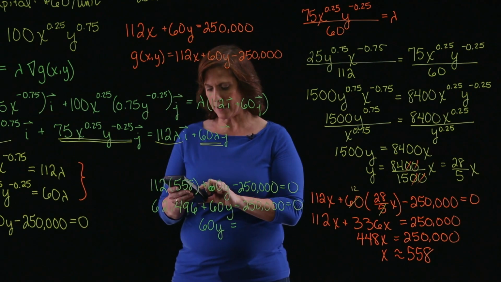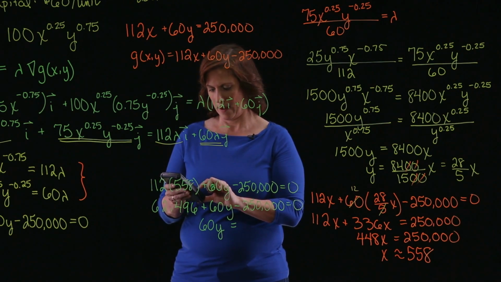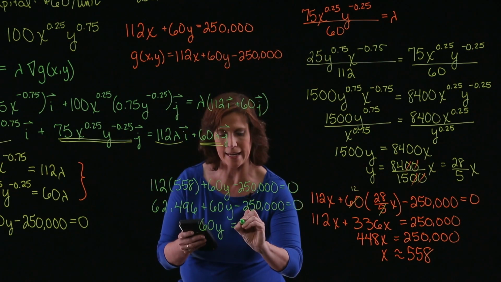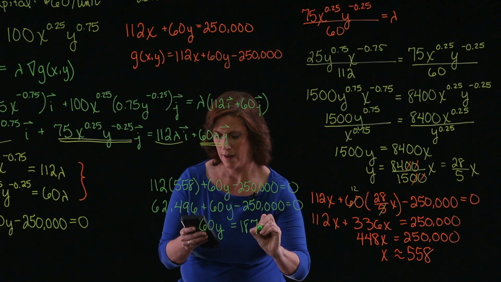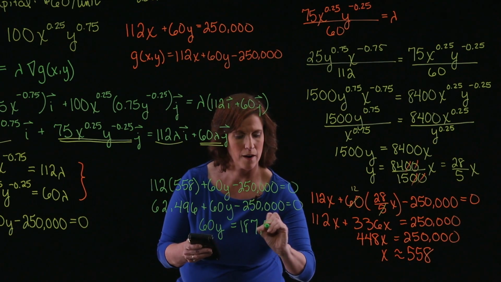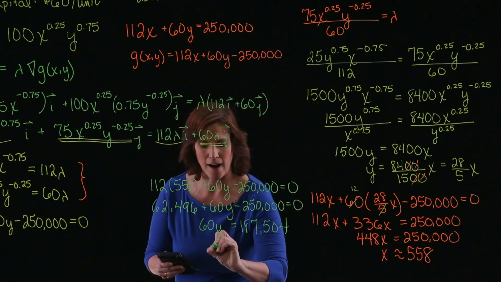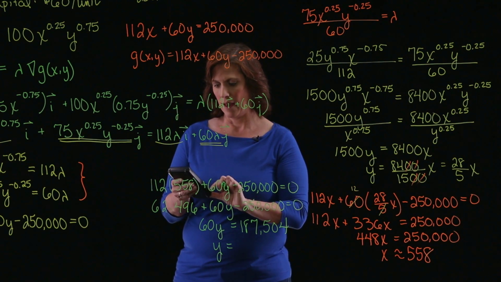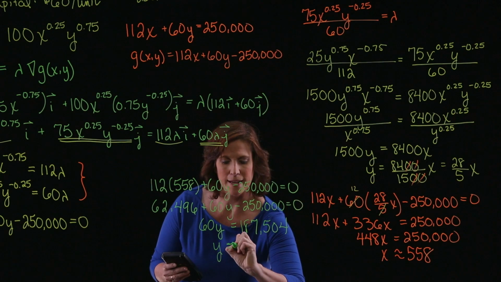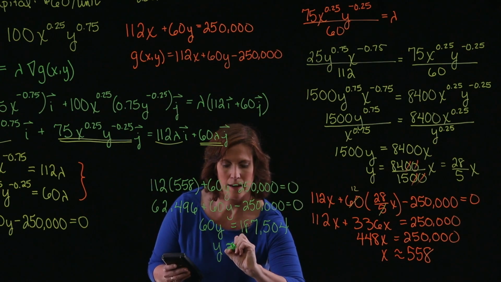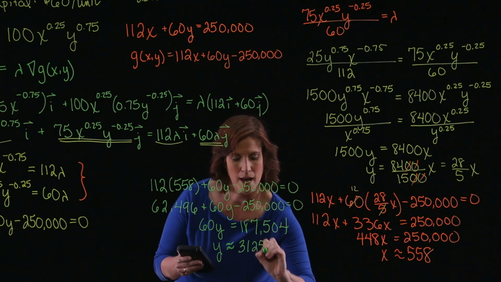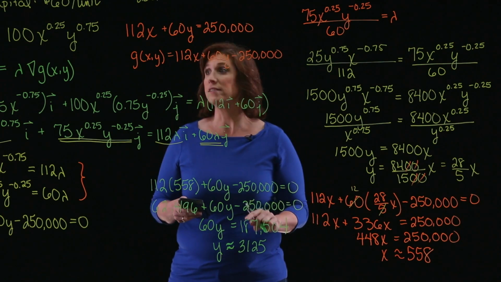And when I do that, I end up with 187,504. And finally, I'll divide both sides by 60 to get approximately, and again, I'm going to use an approximately here, 3,125 units of capital.